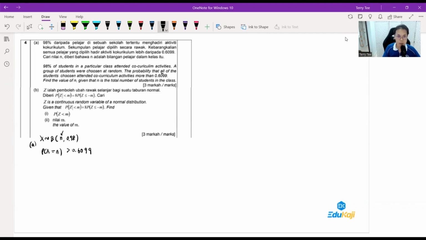This is now more than 0.6099. So remember, for binomial distribution, the probability x equals r is given by nCr p power r q power n minus r. So here, my formula is nCn. P is 0.98, the probability that they attended curricular activity.